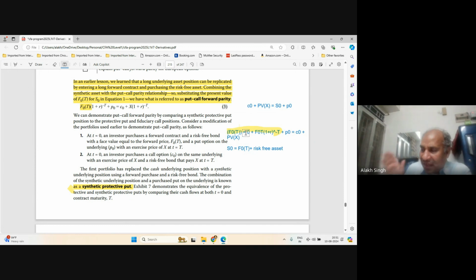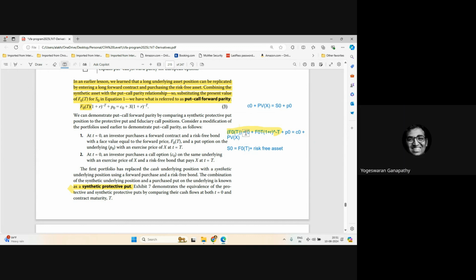By design, F0T has to be X. Sir, here we don't talk about the gain or loss. We're just comparing the price of the forward with the call option price, the put option price and the risk-free bond. So mathematically, it should be P naught is equal to C naught.